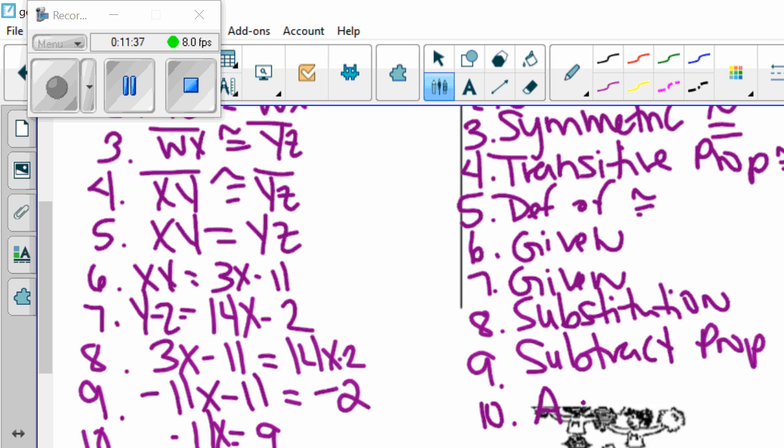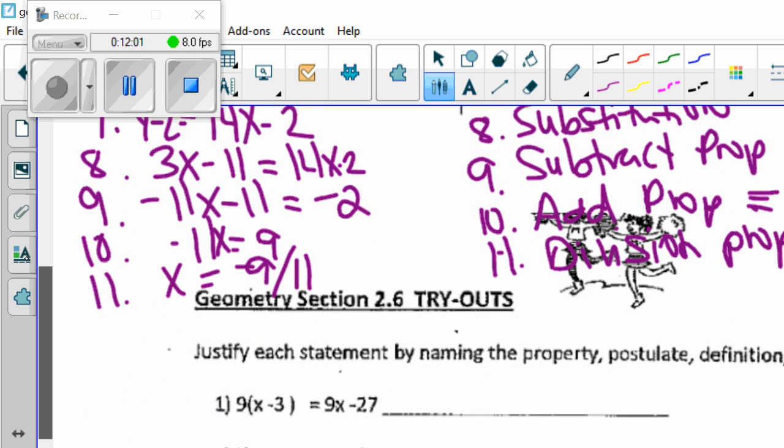This was addition property of equality. And finally divide, I get x equals negative 9/11, division property of equality. Sorry, that was division property of equality earlier. I've solved for x, so I've done what they've asked me to do. Great.